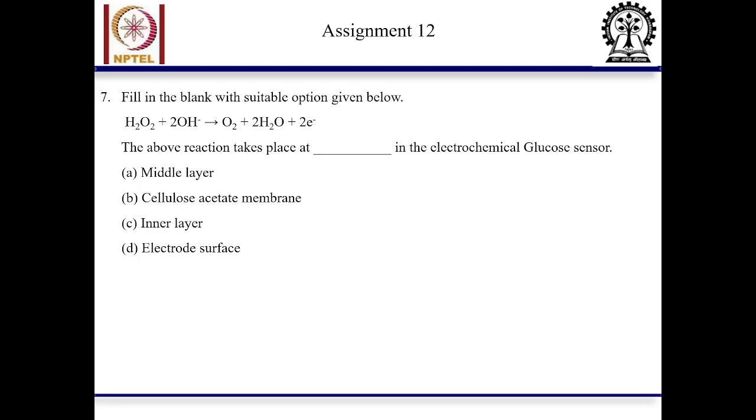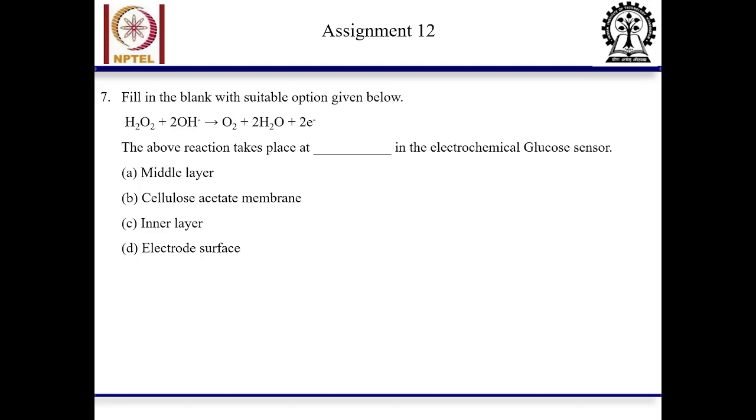Anyone can write in the chat box what is the answer for this. H2O2 oxidation to O2. A, middle layer. Okay.